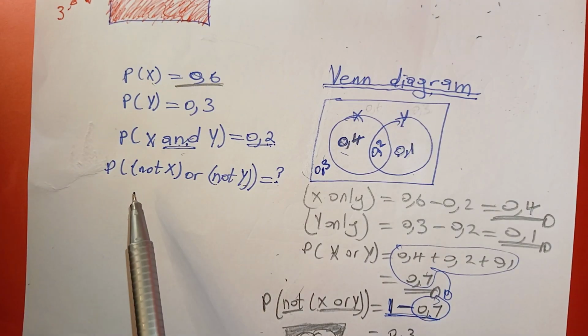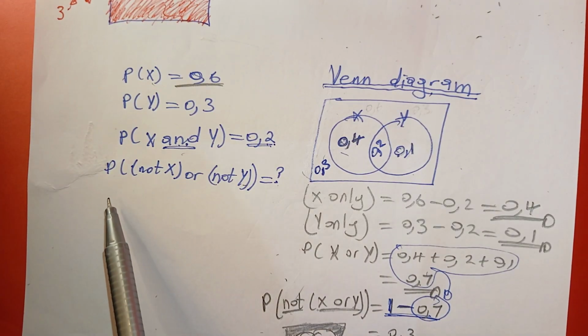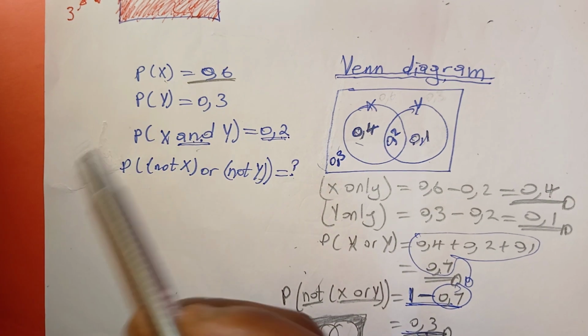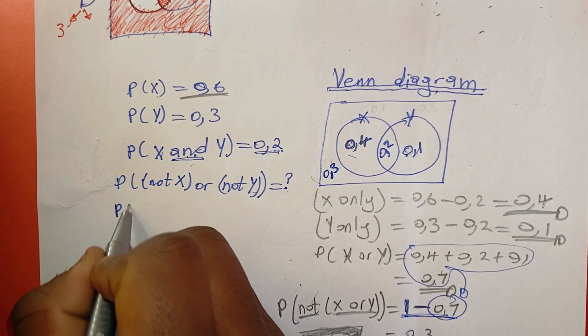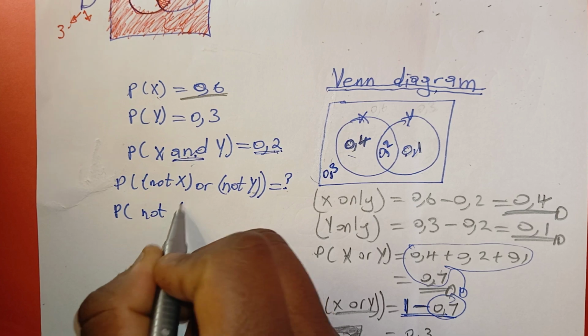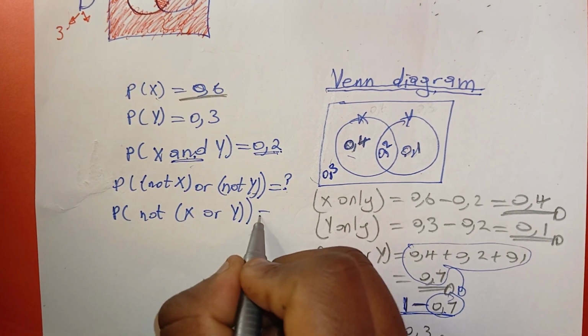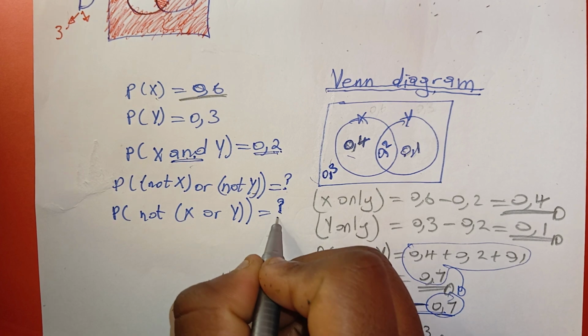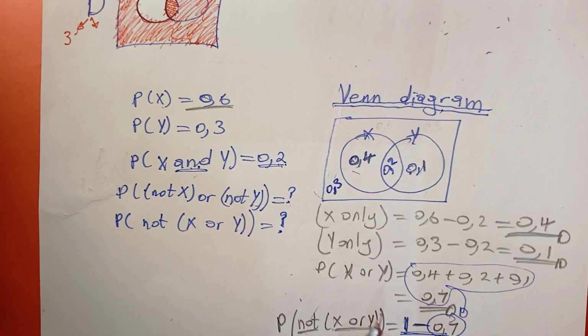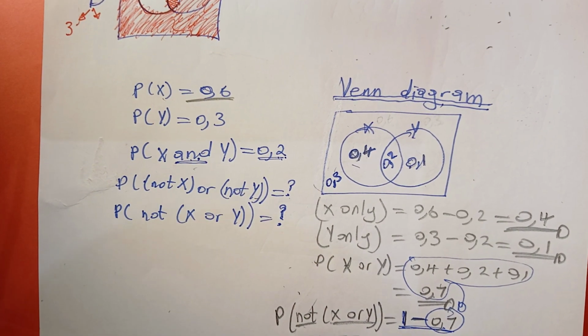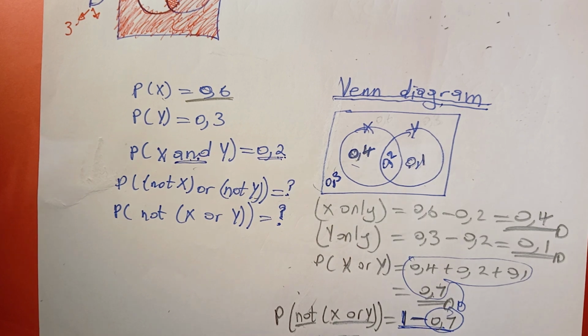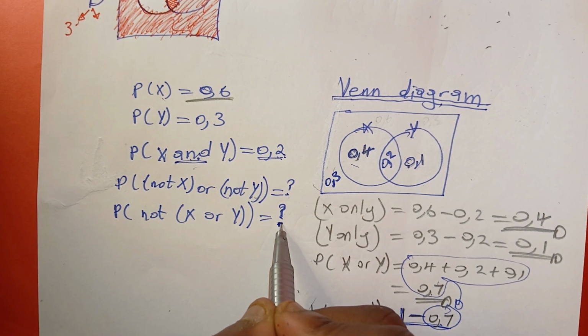So now they want you to calculate this thing. And you should know it is the same as not x or y. But here they were just trying to be tricky, and we cannot be tricked by probability. Do you understand?